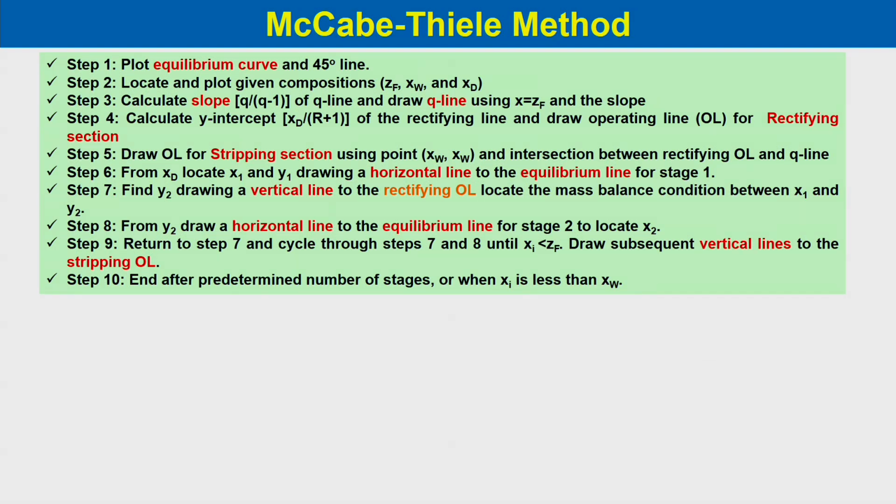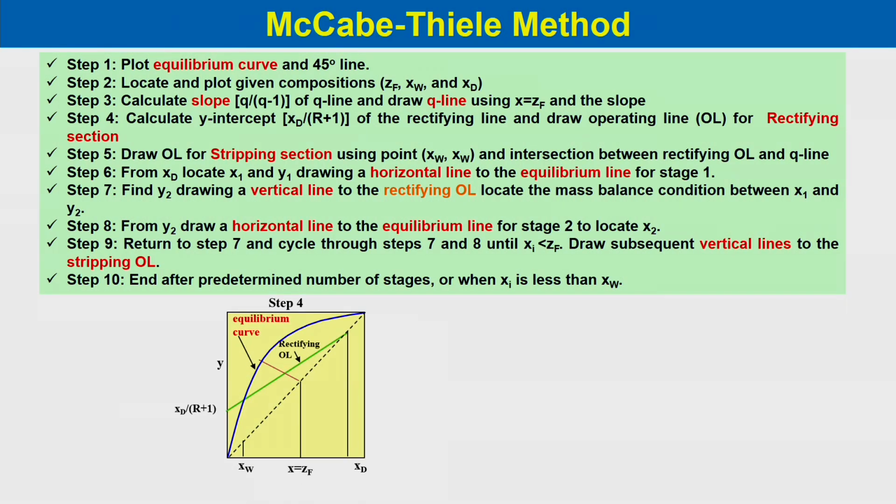The next step is to draw the rectifying section operating line. To draw it, calculate the y intercept, that is xd by r plus 1, of the rectifying line and draw the operating line OL for the rectifying section.